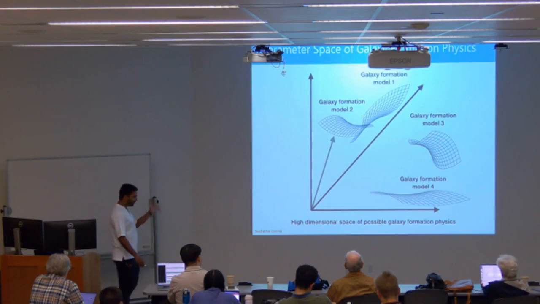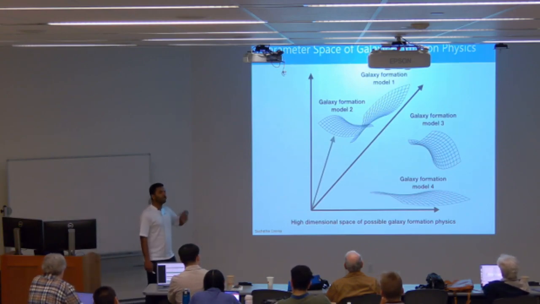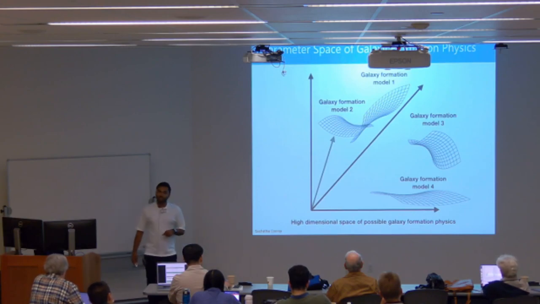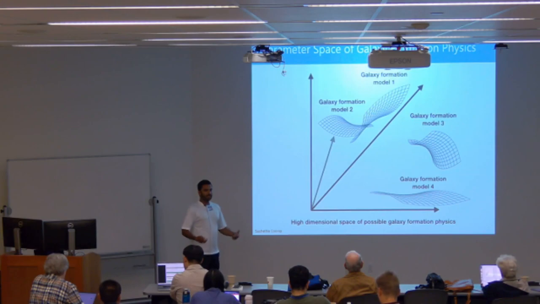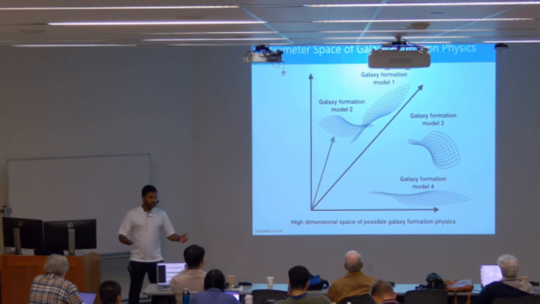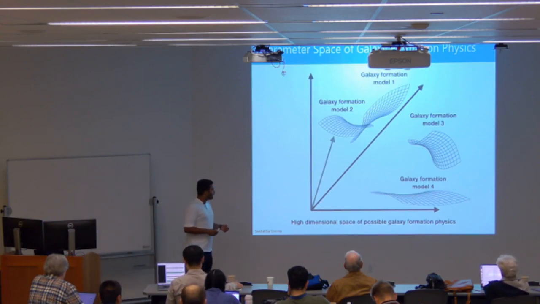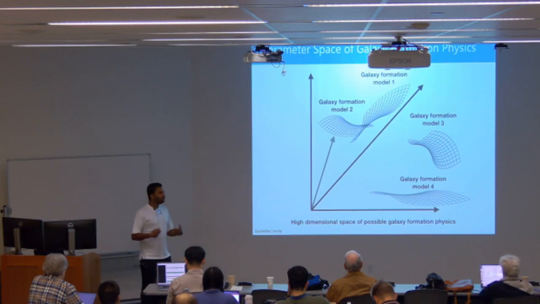We've had talks on empirical models, but I'm just going to give you another way to think about them. We've had ideas thrown around of different galaxy formation models for different parts of the parameter space. If you think of galaxy formation in a statistical sense, we have this huge parameter space that we need to explore, and we need to constrain it from observations.